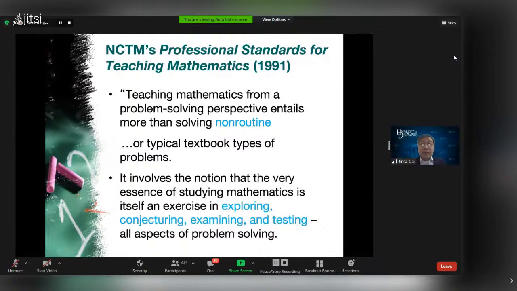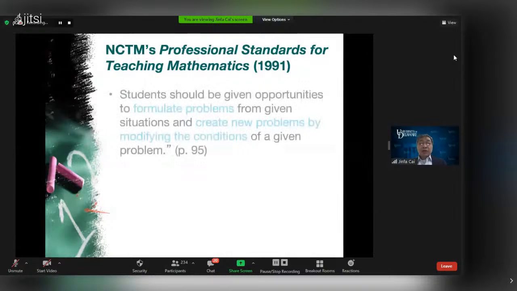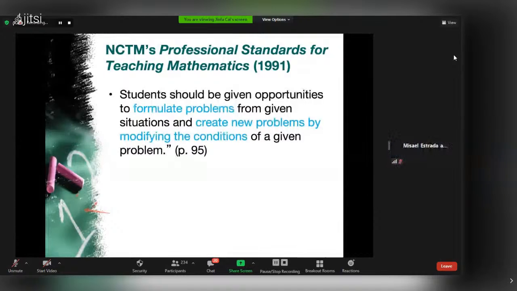It very much emphasizes non-routine problem solving. But later on, it also says that students should be given opportunities to formulate problems from given situations and create new problems by modifying the conditions of a given problem.